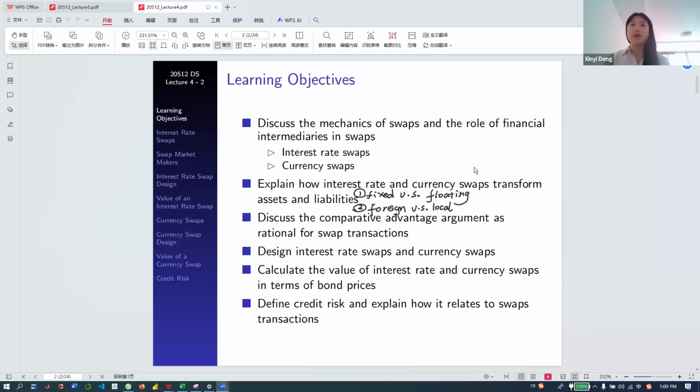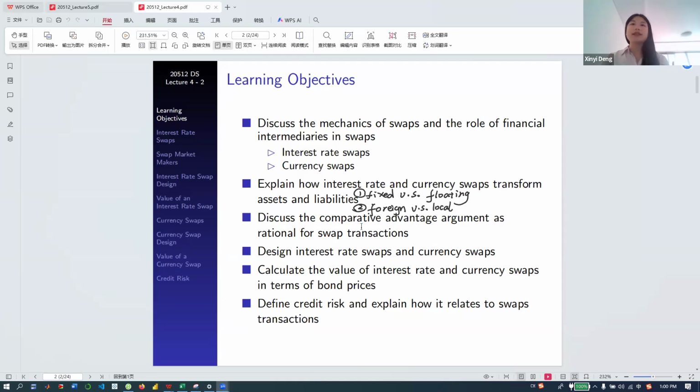That's a feature associated with interest rate swaps. And also, you may exchange foreign risk exposure with local currency interest rate exposure. That's the currency swaps.